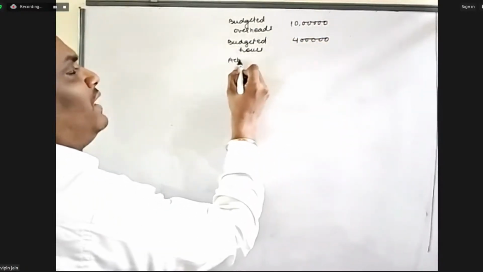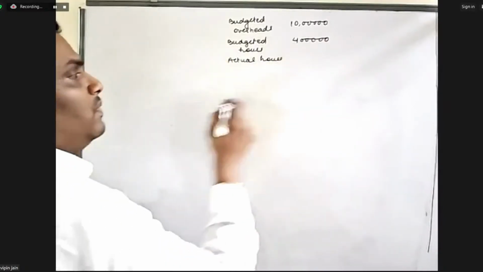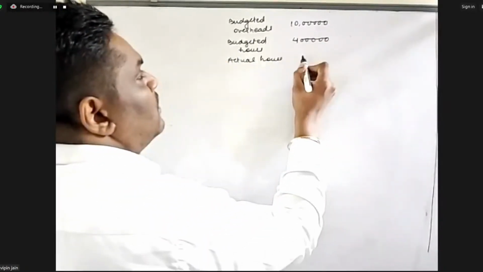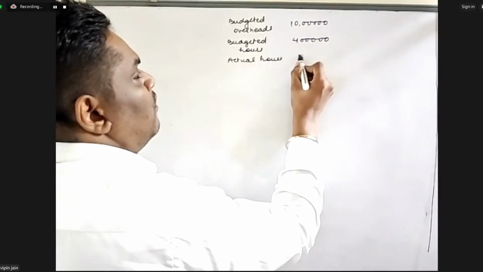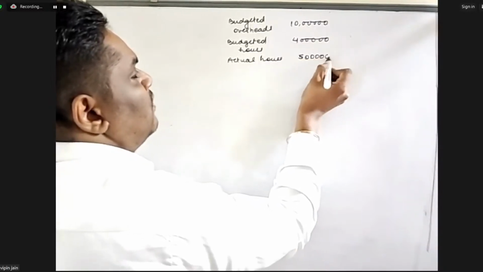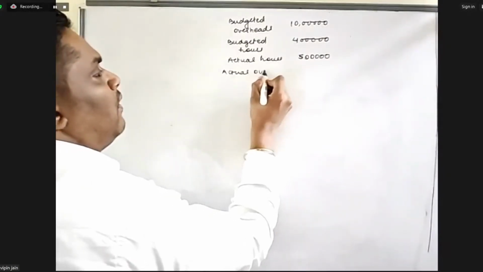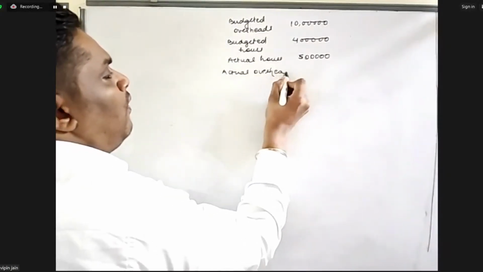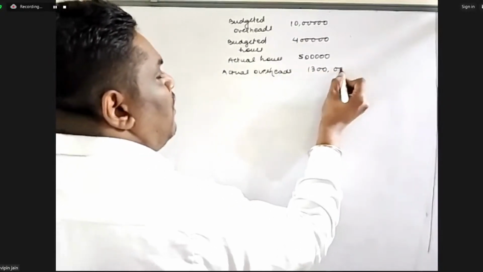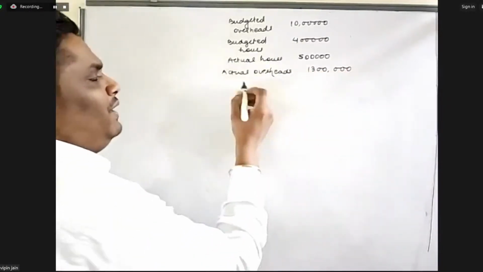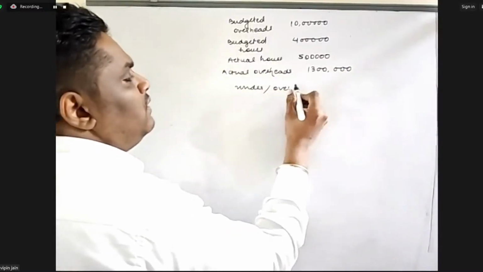Further, my actual hours are also given: 5 lakh hours, and my actual overheads are, let's say, 13 lakh. So now my query is, is it under or over absorption?